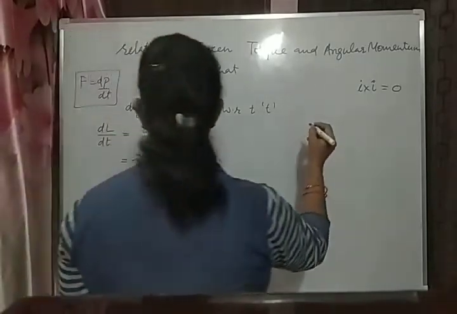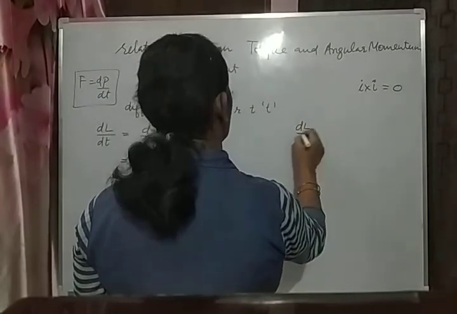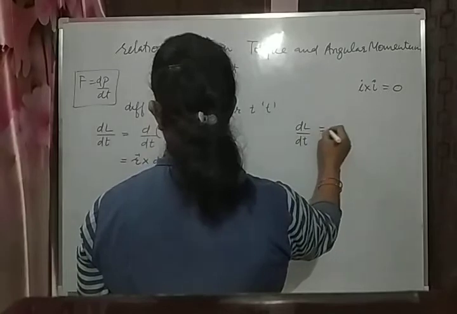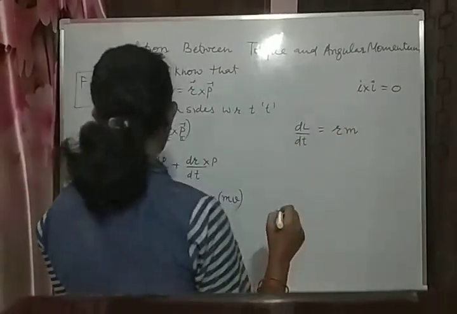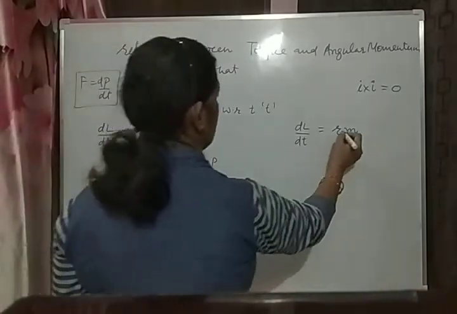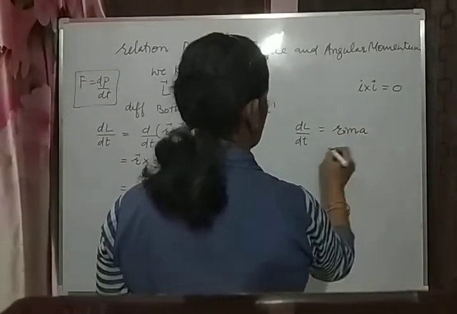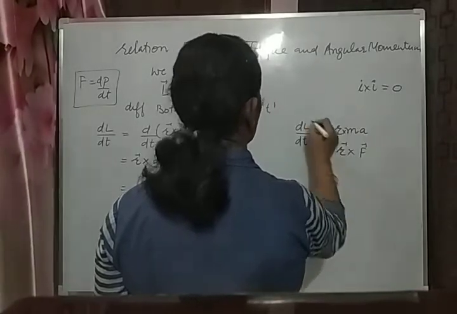So tau is equal to dL by dt is equal to r cross m dv by dt. This is the cross product. dv by dt is acceleration, so this is r cross F, and you know the value.